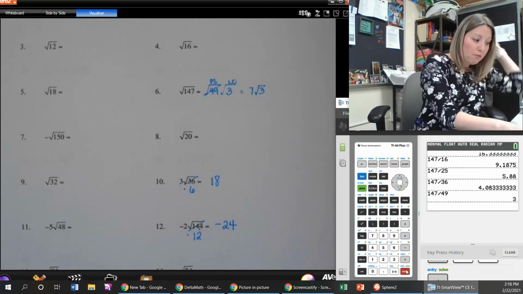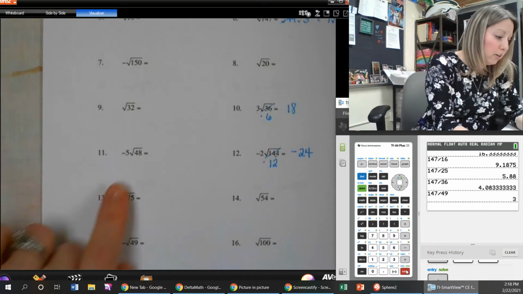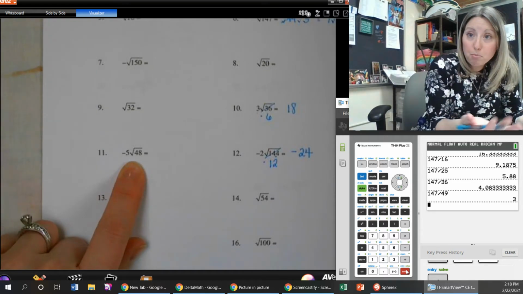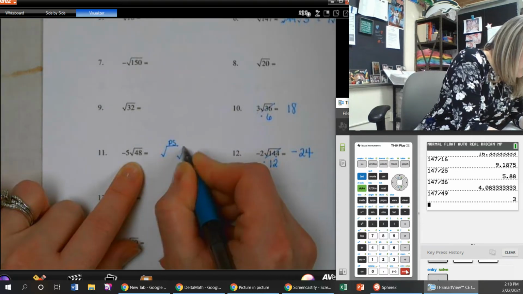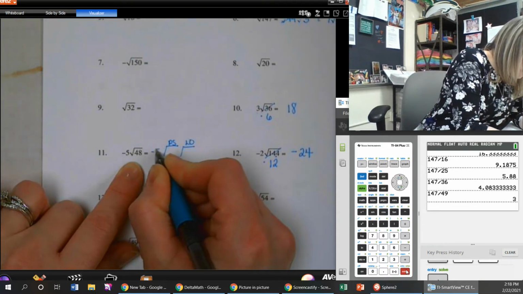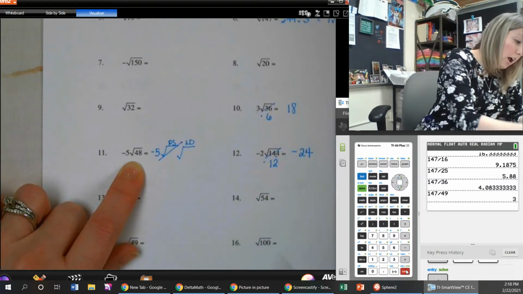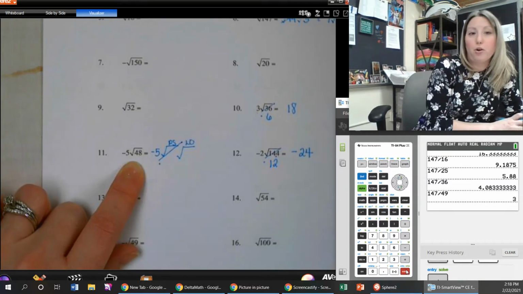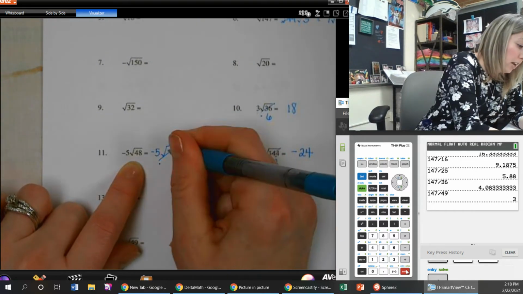Now, let's say you don't have a perfect square like number 11, but you still have a coefficient in front. You still do the same process of dividing the radical into perfect square and leftover. It's just now when you take the square root of the perfect square, once you figured out what it is, you now multiply that number by the coefficient. The biggest perfect square that divides evenly into 48 is 16.